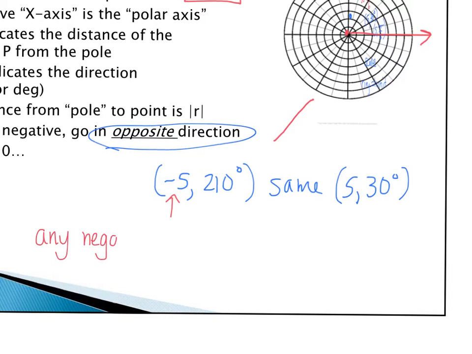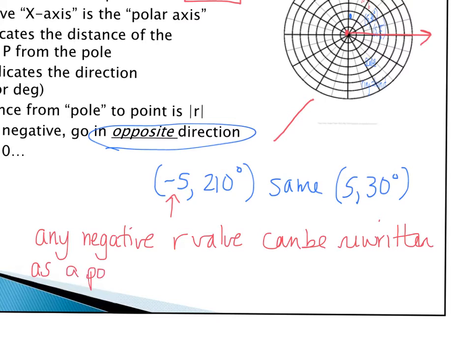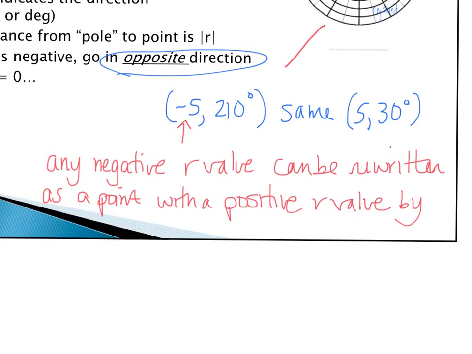Any negative r value can be rewritten as a point with a positive r value by changing theta by 180 degrees or pi radians.